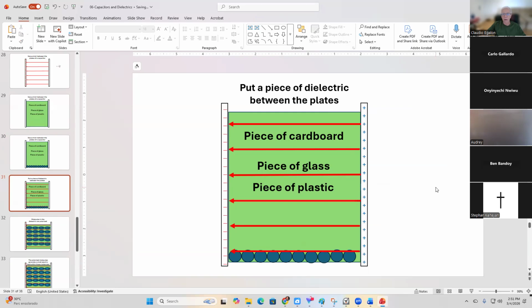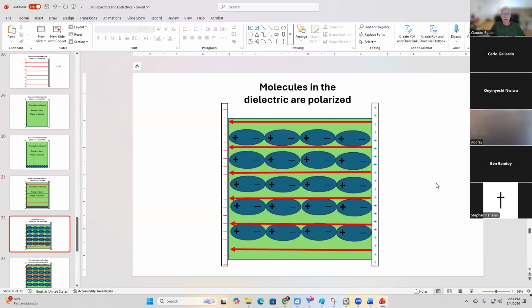And this electric field is going to stretch those molecules. And by the way, if the electric field is strong enough, it can even break the molecule apart from its charge. It can ionize the molecule if the field is strong enough. It's possible to do that.